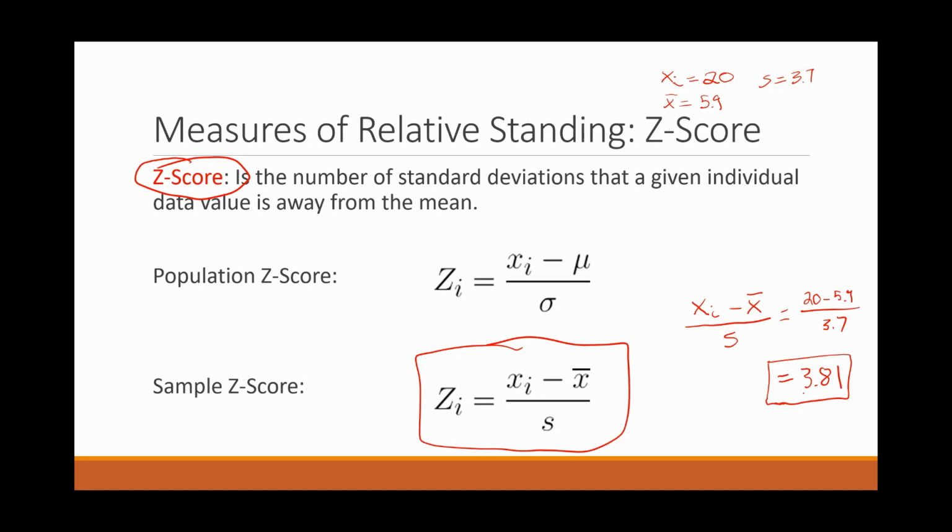It's almost 4 standard deviations above the mean. That tells us that $20 an hour in this particular data set on wages is a huge wage. It's a really high wage. It's a very unlikely, very low probability wage. It's really high. Okay.